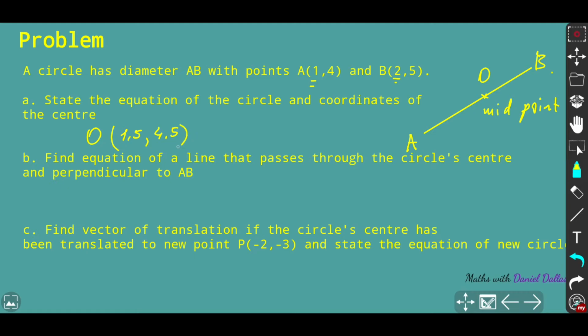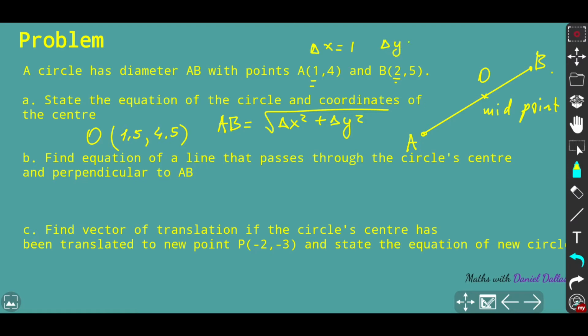We need to state the equation of the circle, but before doing that, we need to know the radius. The radius is half of the diameter, and we can find the diameter as the distance between the two points A and B. So first, we're looking for the distance AB as the square root of the sum of squared changes in coordinates. I'll set up the formula first. Instead of delta x and delta y, we take the change in coordinates. So 2 and 1 differ by 1, and 5 and 4 also differ by 1.